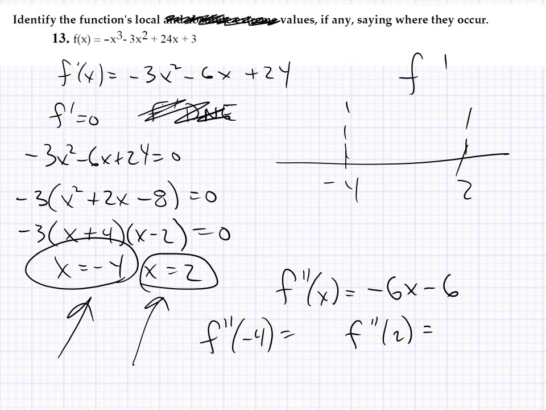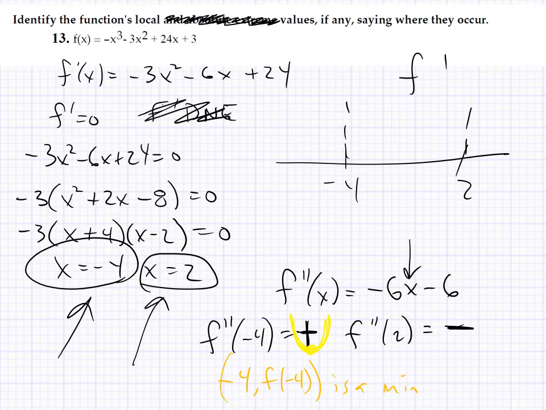So if I plug these negative 4 and 2 into the second derivative, negative 4 is going to give me 24 minus 6, which will give me a positive value. 2 plugged in will give me negative 12 minus 6, which will give me a negative value. So what this tells me is, if on the second derivative I get a positive, I'm concave up. If I'm concave up, I have a minimum. So negative 4 comma f of negative 4 is a min.